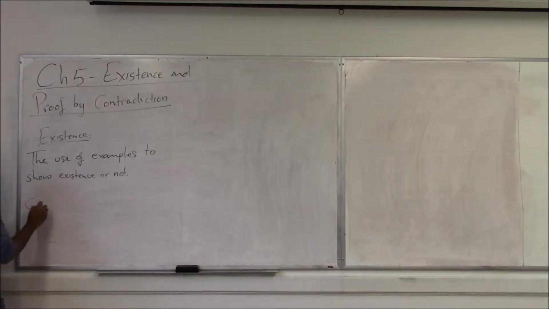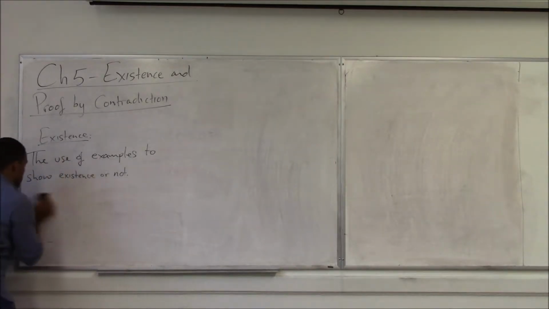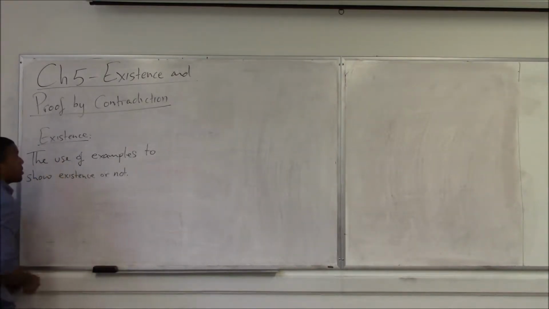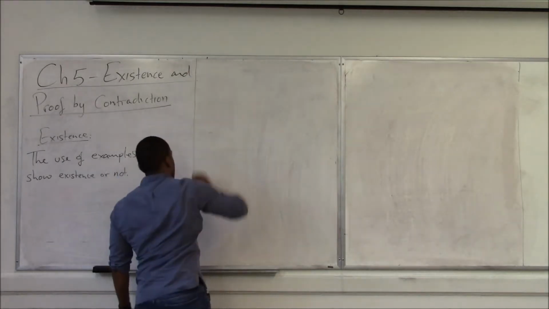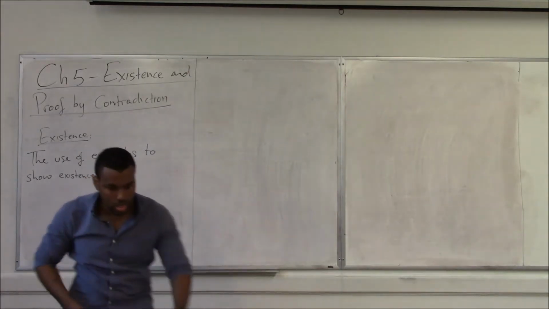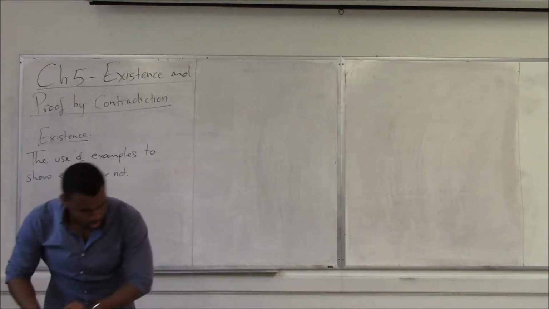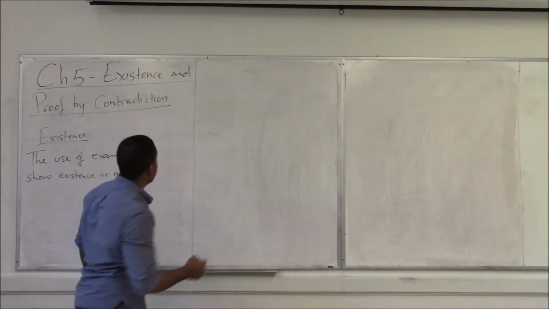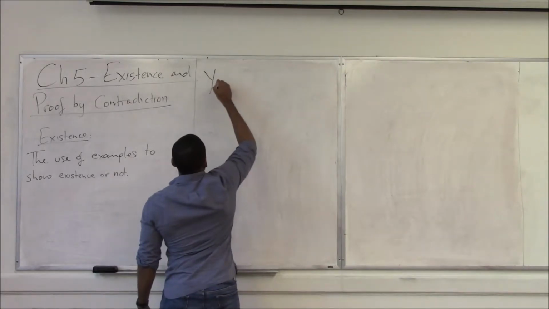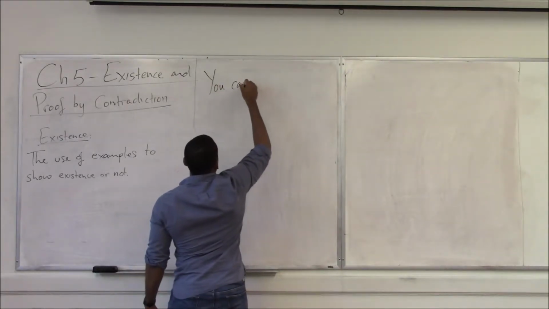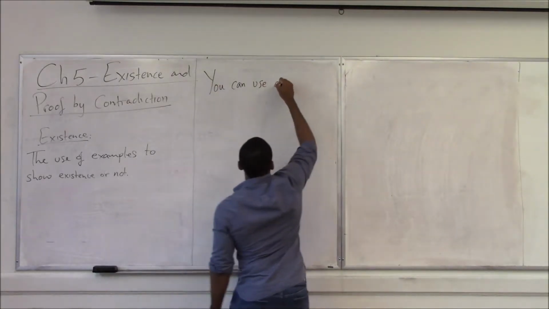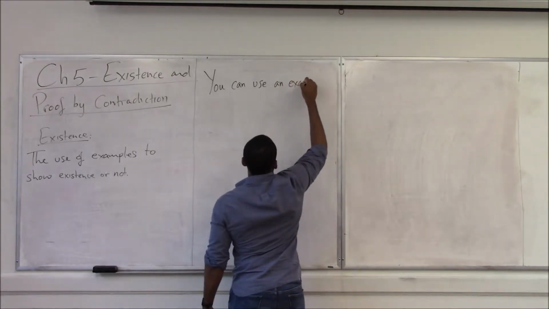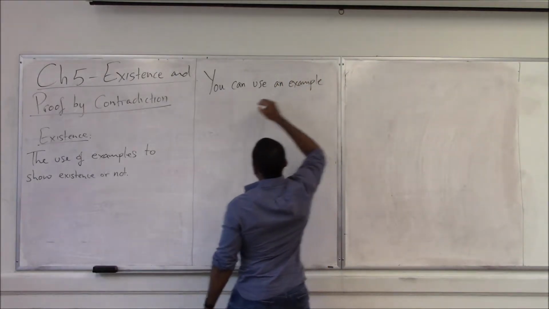The general idea, let me just actually write this down here. So this is a general statement that we want to be sure. One is make sure we know how to use examples. You can use an example to.